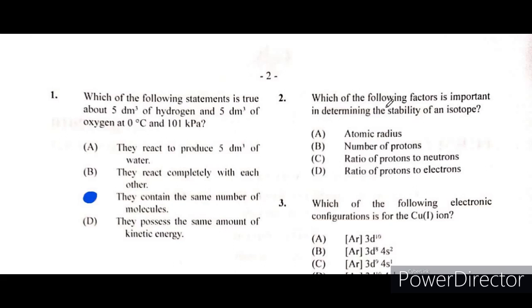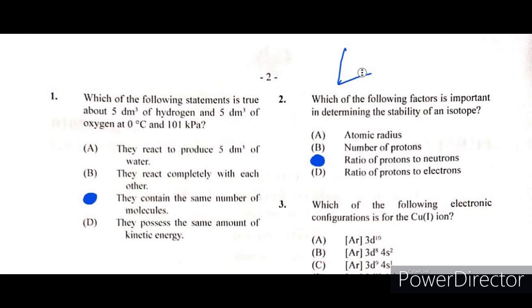Number 2 says, which of the following factors is important in determining the stability of an isotope? The neutron to proton ratio. That's where we get the band of stability from.